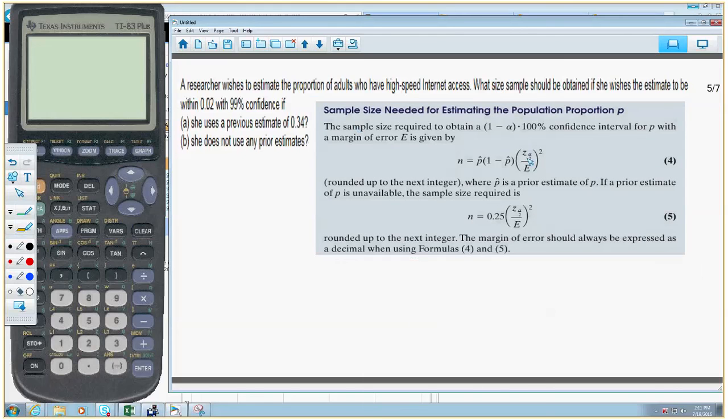That's why you need z sub alpha over 2. And are we going to have to calculate the margin of error? Nope, we already have it, it's 0.02. Plug it in right there. All right, so crank it out and go ahead and do the second formula too, because they're going to ask you to do it for B no matter what. So do both formulas.